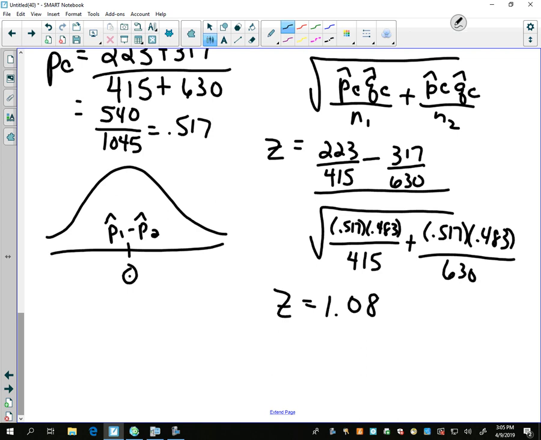If there's no difference, most of them will center around 0. So these are p hat 1s minus p hat 2s. This is our sampling distribution.